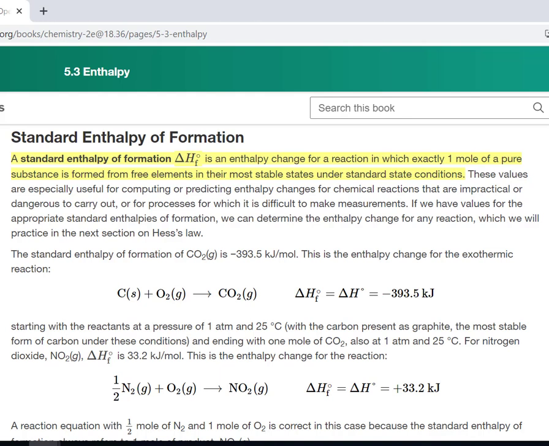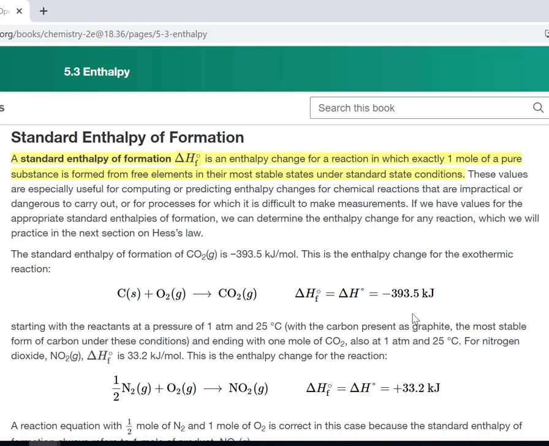So for an example, we have carbon plus oxygen to give carbon dioxide. And for this reaction, we have the delta H of formation of carbon dioxide, which we're saying is negative 393.5 kilojoules. So we're establishing that to make this compound from its elements, this is what happens.